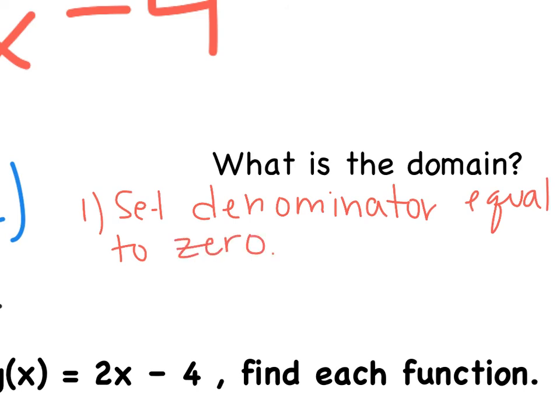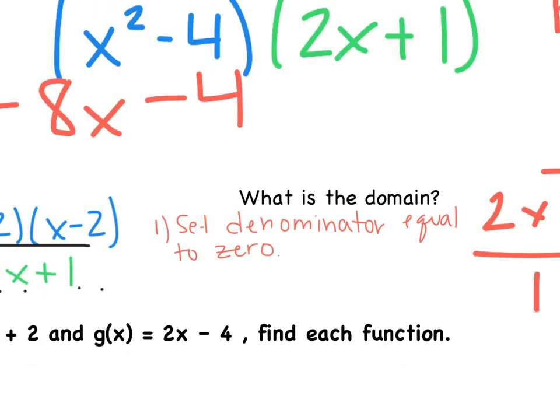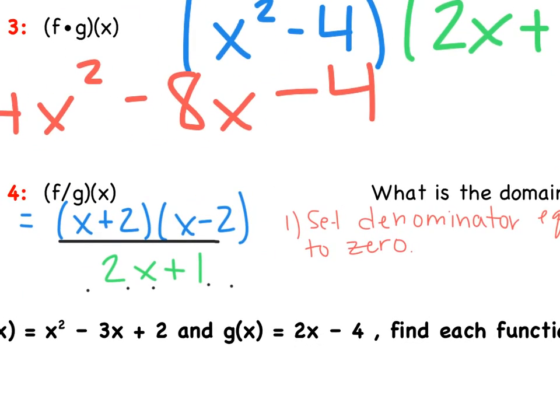The reason I want to do that is we know that we cannot divide by 0. So in order to figure out what cases to avoid when looking at this function, we must solve for when the denominator equals 0. In this case, I have a denominator of 2x plus 1. So I'm going to set that equal to 0. I get x equals minus 1/2.